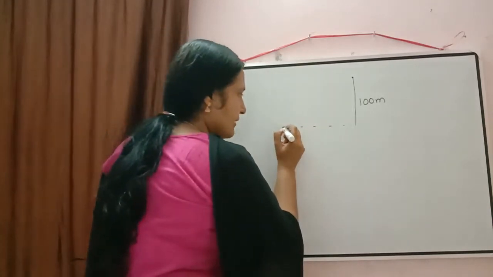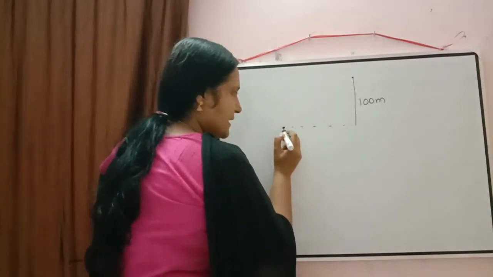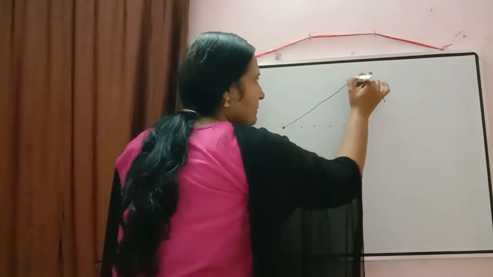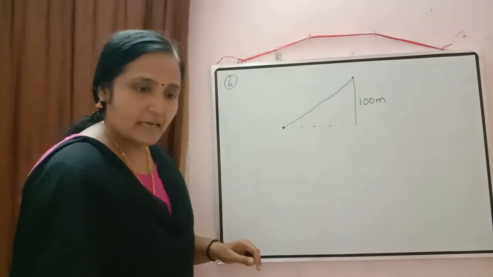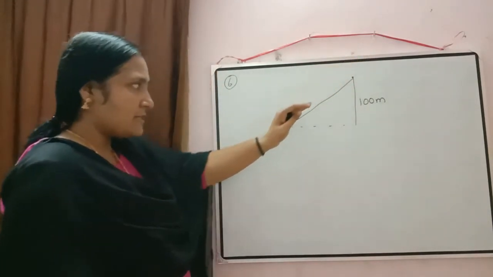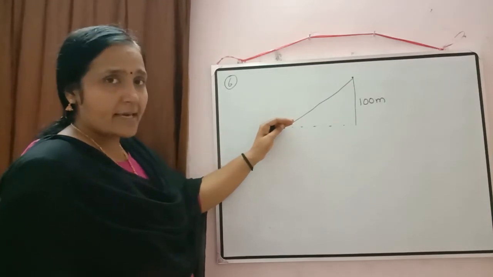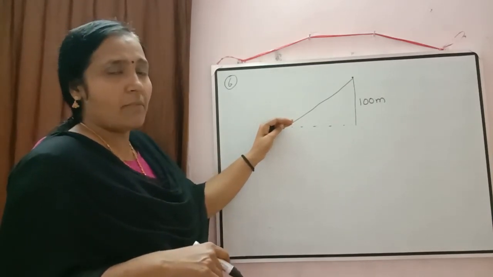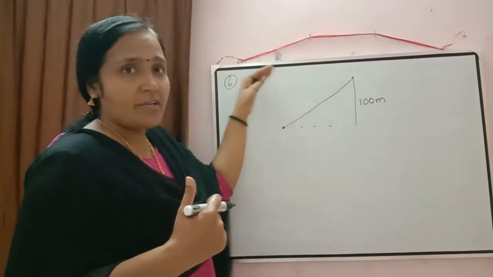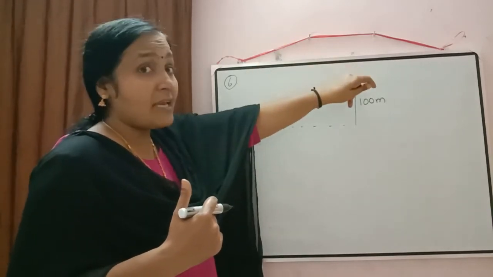So first when we observe, the ship is here and in that case the angle of depression of the ship is given. It means when we are at the top and we are looking at an object at the bottom, in that case the angle of depression is formed. But where is it formed? It is formed with the horizontal line only from where we are looking.